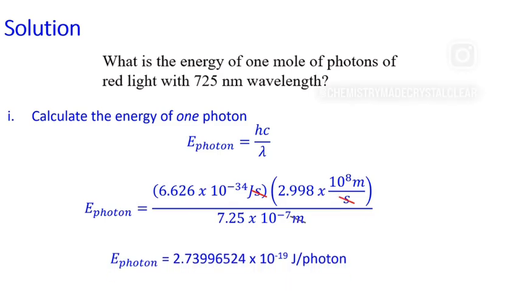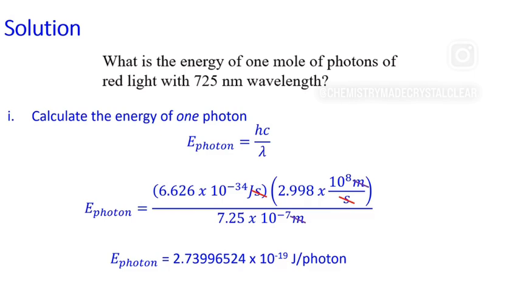Also canceling, as we had planned, are the distance units of meters in the wavelength with the distance units of meters in the velocity of light term. This gives us this unrounded answer of 2.73996524 times 10 to the negative 19 joule per photon.